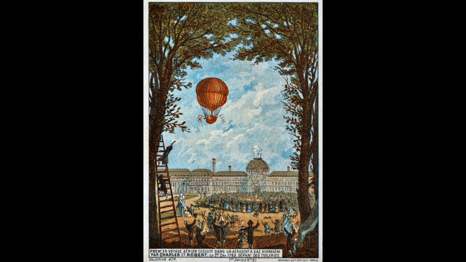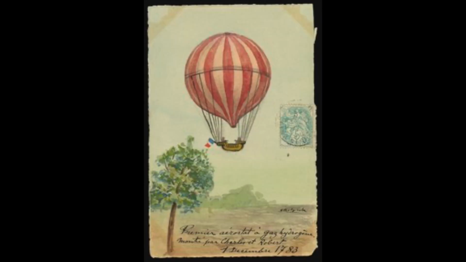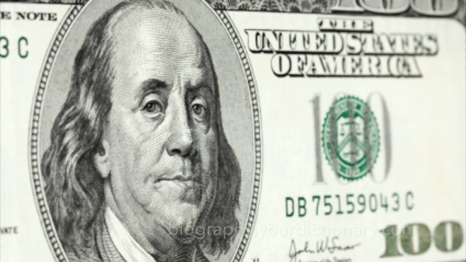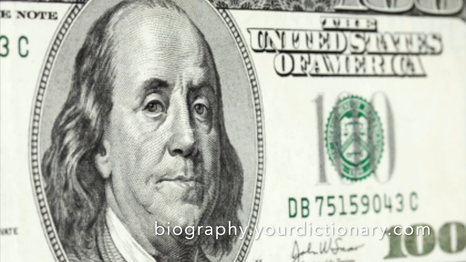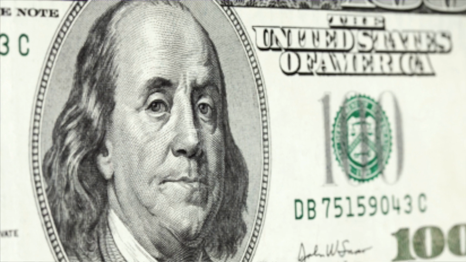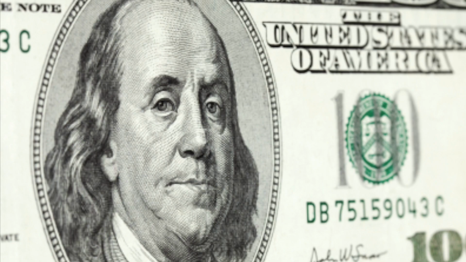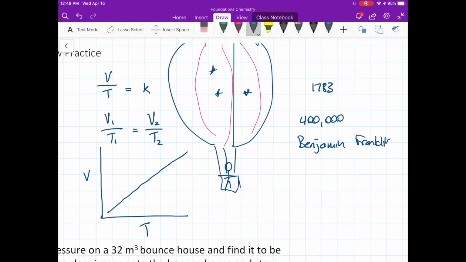And he had a bunch of people come, he charged them, and that's how he funded his research, I guess. He had 400,000 spectators. That's pretty incredible. One of the spectators was actually a U.S. diplomat, and he was in the special guest crowd, and that was none other than our own Benjamin Franklin. So Benjamin Franklin was there, and he watched Jacques Charles fly off in his balloon.